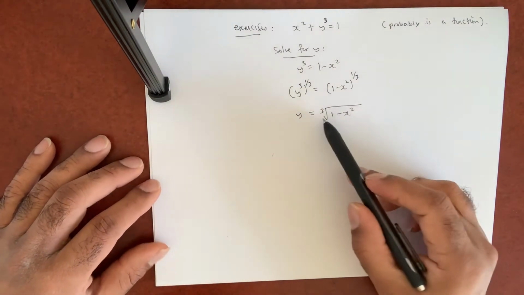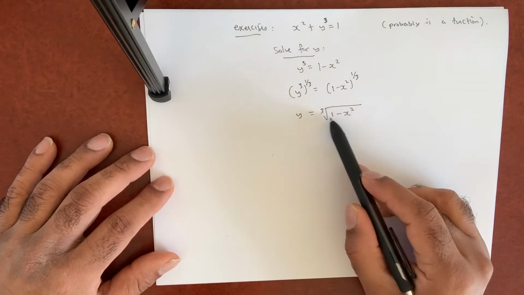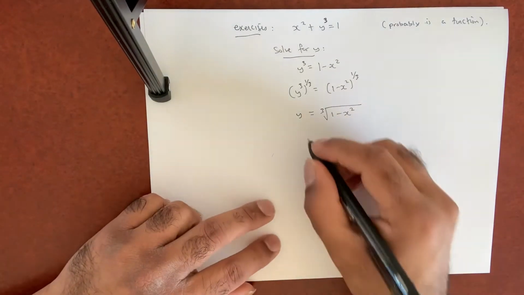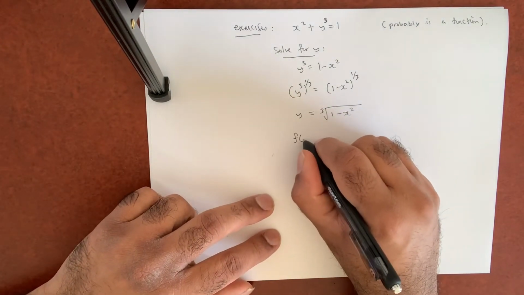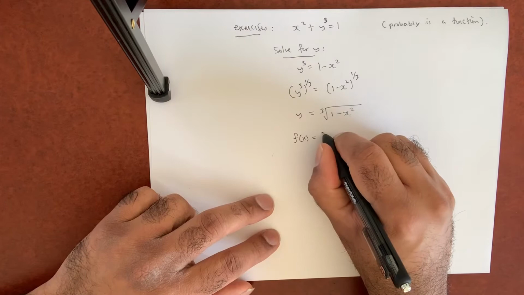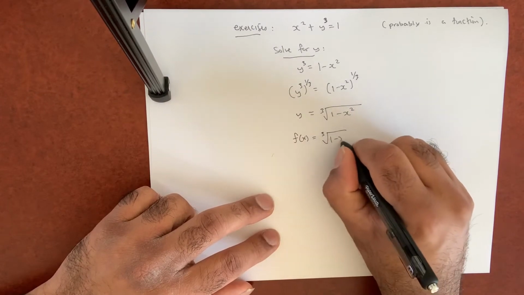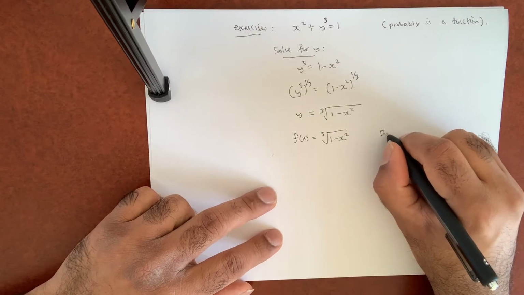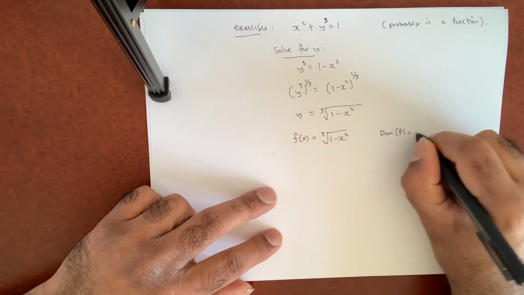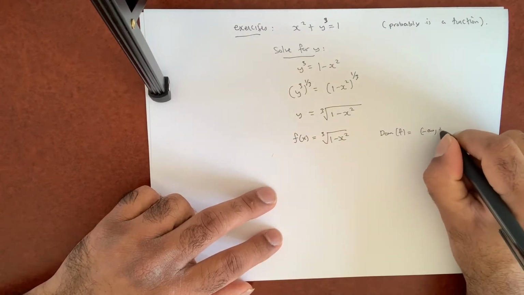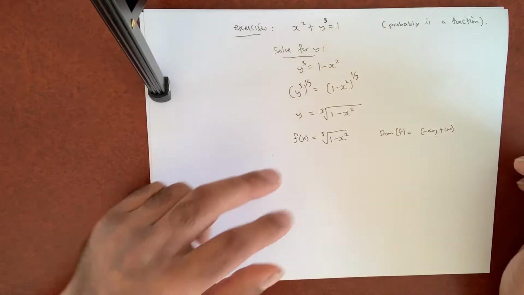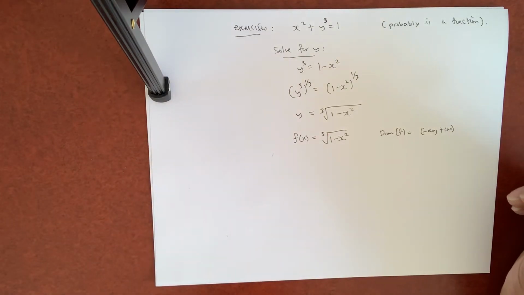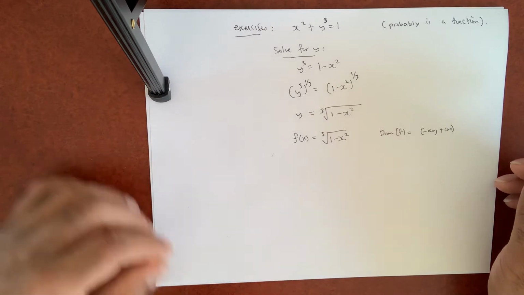And this is the nice thing about the cube root, is you can take the cube root of any number. So we can now say this is a function of x, which is the cube root of 1 minus x squared. And just FYI again, the domain of this function is all real numbers. You can plug in anything you like, because you can take the cube root of any real number and it'll be a real number as well.